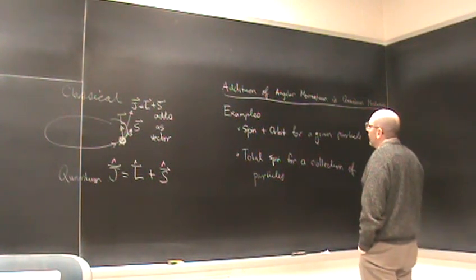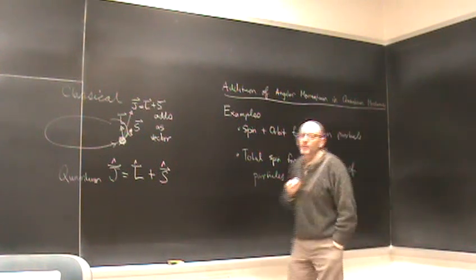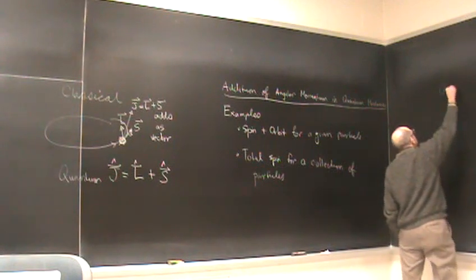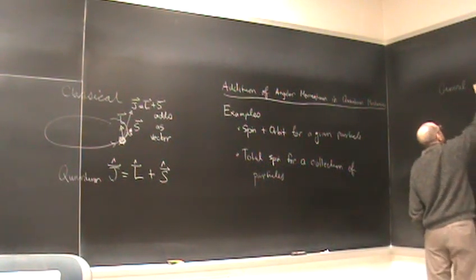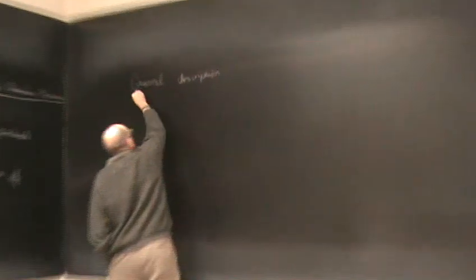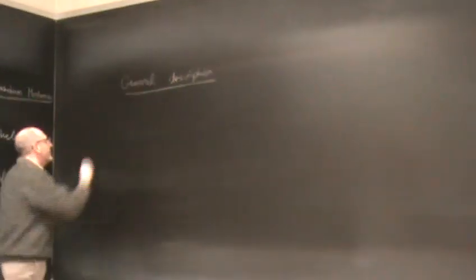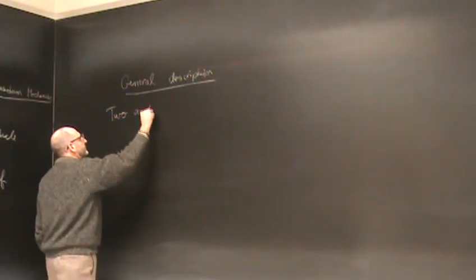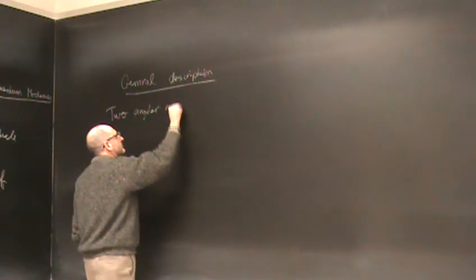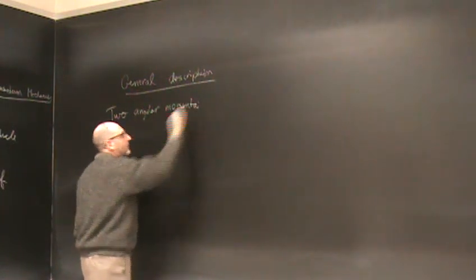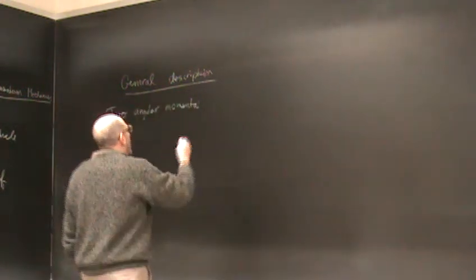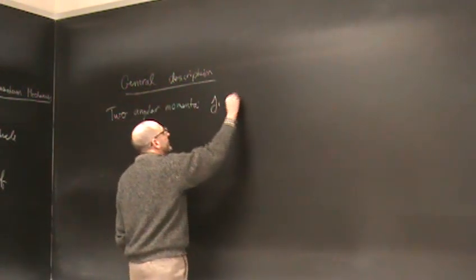Okay. So how are we going to proceed? Let's treat this generally. Let's say we have 2 angular momenta, J1 and J2.